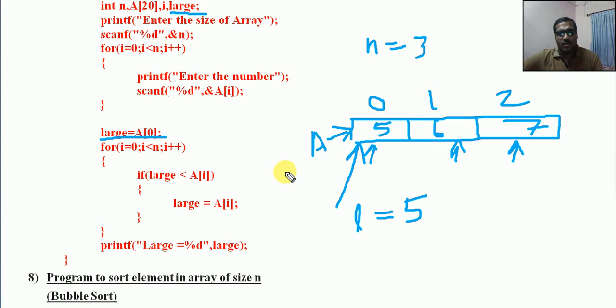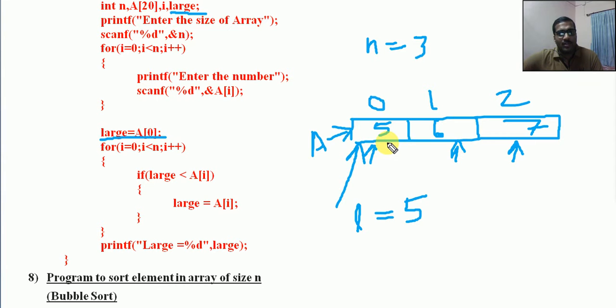This is the logic we are following, because based on this large value we are going to compare with other values. So according to our logic, after reading all the elements, the first element is considered as the largest value. First we are assuming this is the largest one.